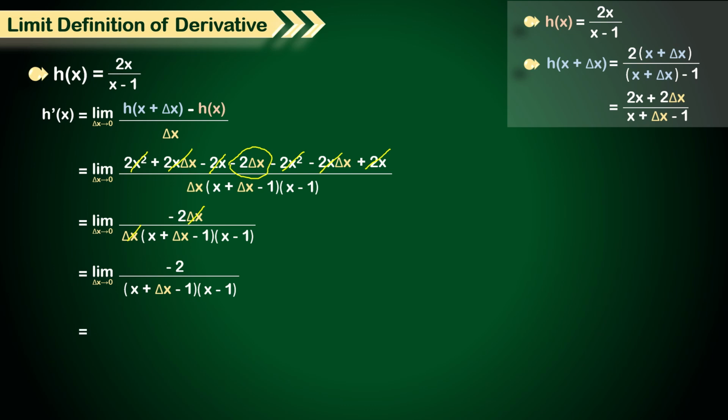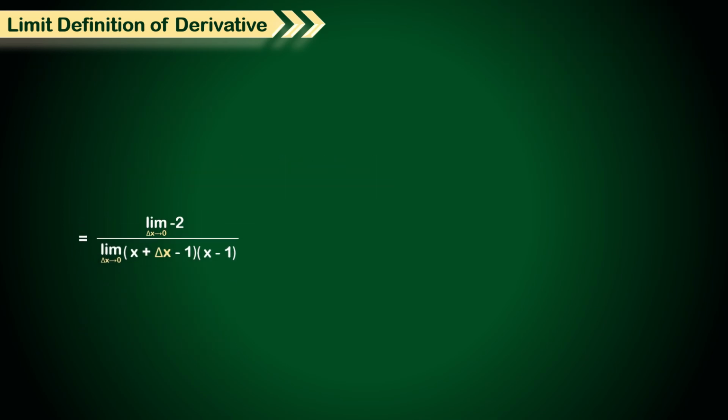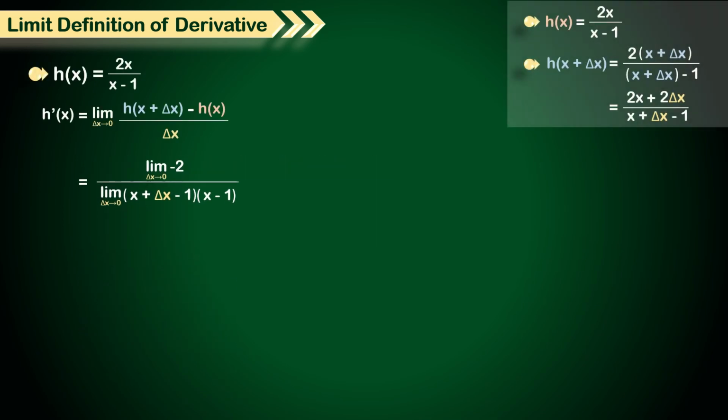Apply the limit property. Get the limit of the numerator and the limit of the denominator. We write the numerator and apply the limit property in the denominator: the limit of x + Δx - 1 as Δx approaches 0, multiplied by the limit of x - 1 as x approaches 0. Rewrite the numerator.